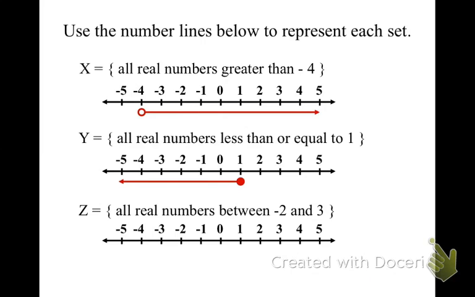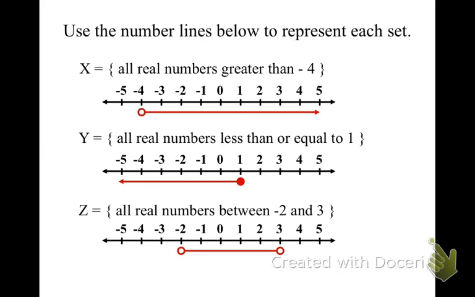It does not include -2. We put an open circle at -2, and we put an open circle at 3 because it's between them, not including them. And we write a line. And only those numbers, that means all real numbers, that means everything in between -2 and between -1 and 0, all those decimals and fractions are included in the number set.